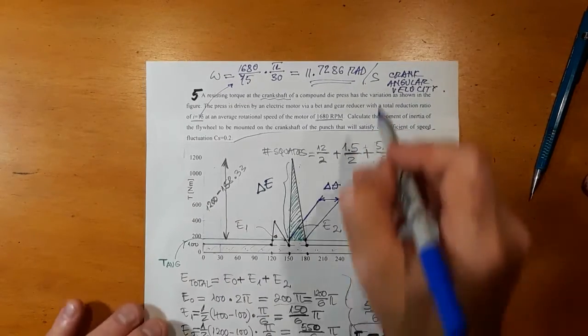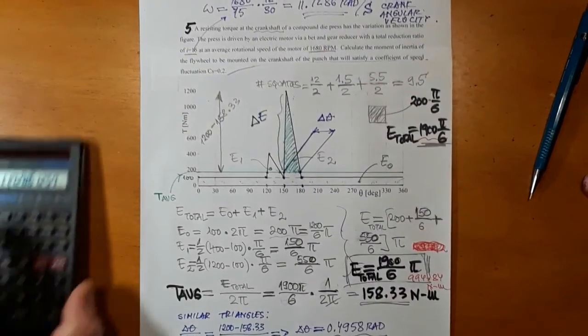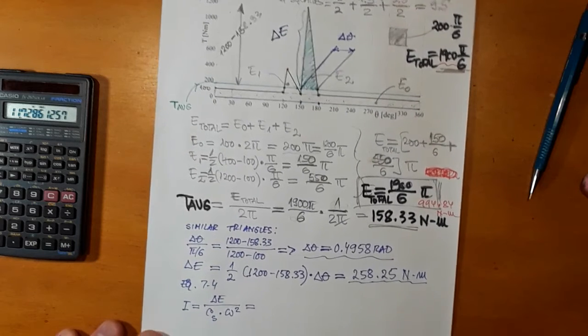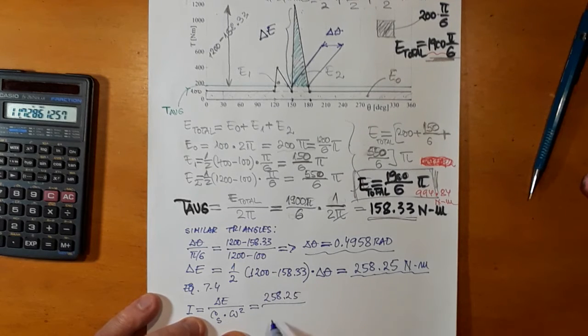Okay. So I'm still having that in the memory. So it will be delta E again, 258.25 over coefficient of speed fluctuation is 0.2, and then 11.7286 squared.